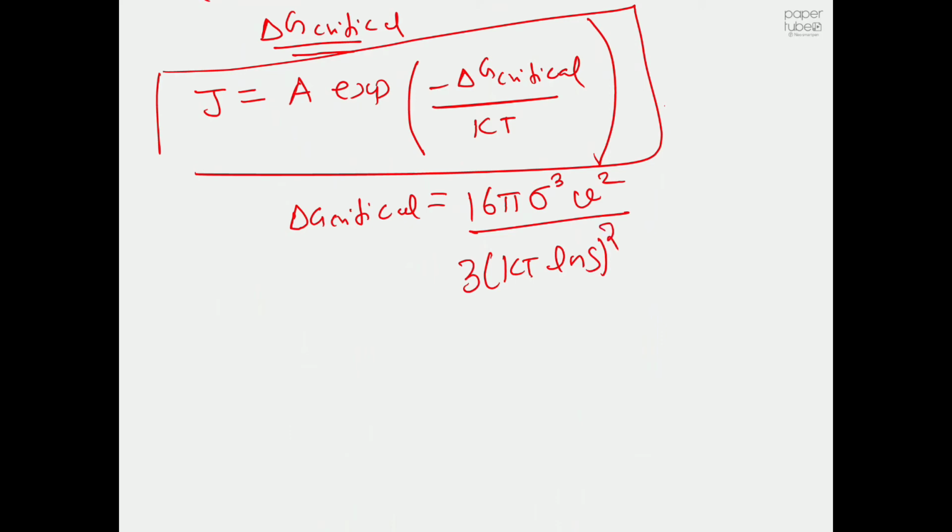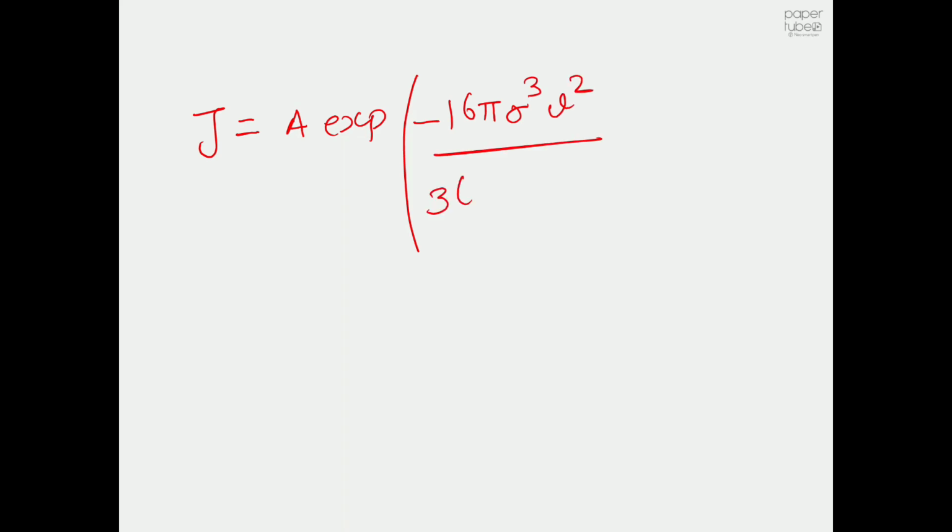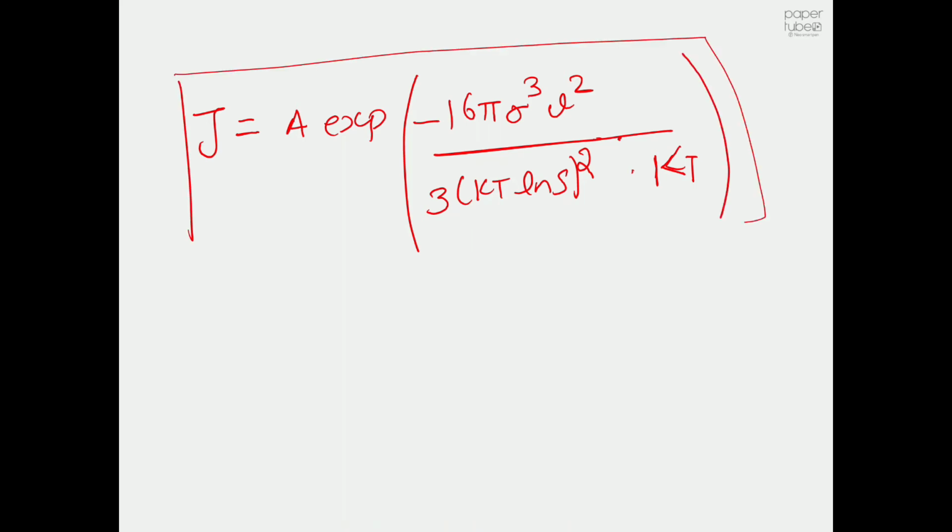That's our critical free energy. Let's call this equation 1 and that equation 2. Just plug equation 2 into 1, so you will get J is equal to A times exponential of minus 16 pi sigma cubed v squared over 3 kT ln of S the whole squared, times 1 by kT. This is nothing but your classical nucleation theory.